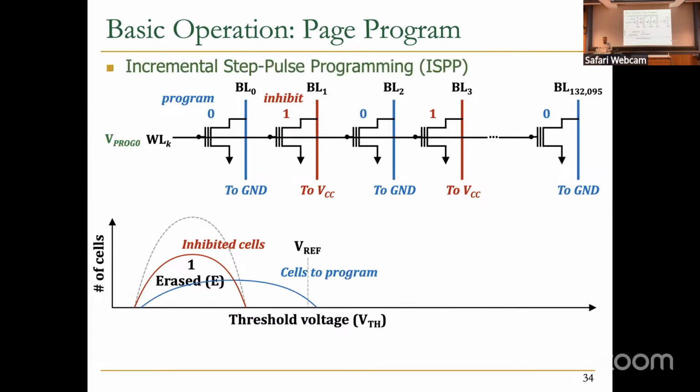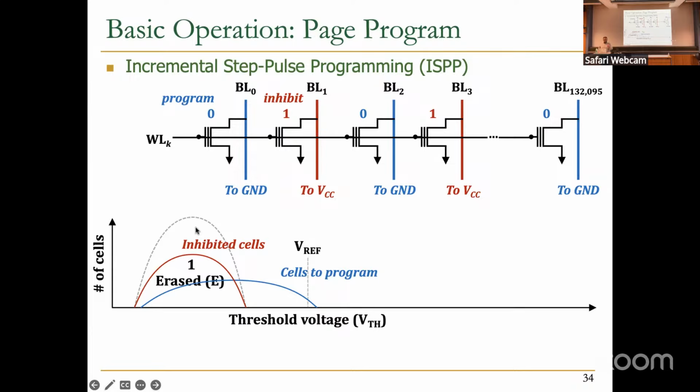So that's why people came up with this procedure, which we call incremental step pulse programming, ISPP, where they apply the programming voltage at different levels. They first apply a vProgram 0, which is not as high as the actual programming, wait for some time, and then check. Some cells are programmed essentially. So after that, people do a read.